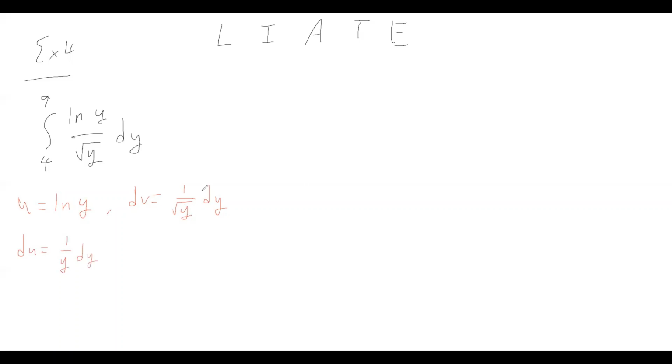And let me actually rewrite this part using exponents. So that's y to the negative 1/2 dy, right? It will be a little easier for us to take the integral. All right, so integrated, v is the integral of that, 1/2 dy, and that's going to be y to the power of 1/2 over 1/2, which is 2 y to the 1/2.